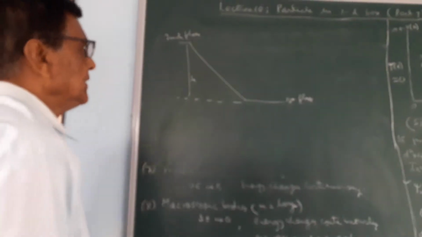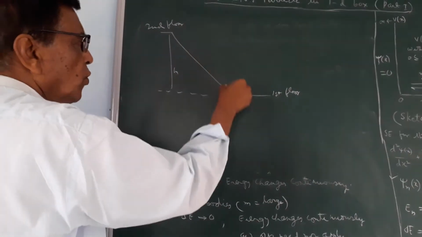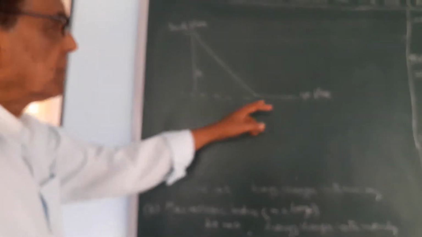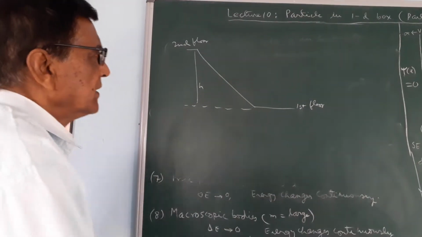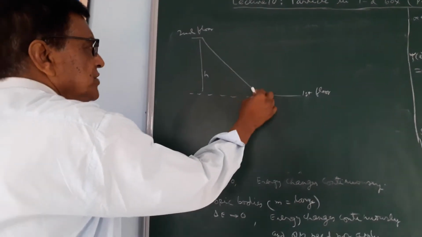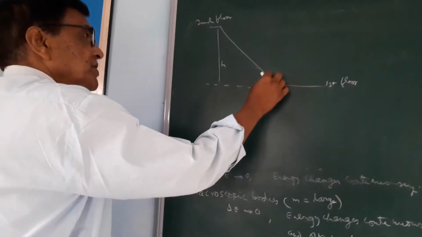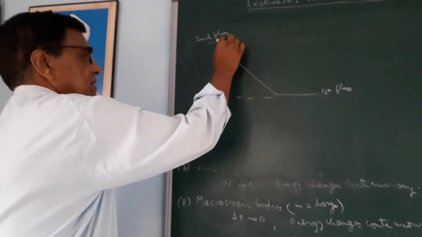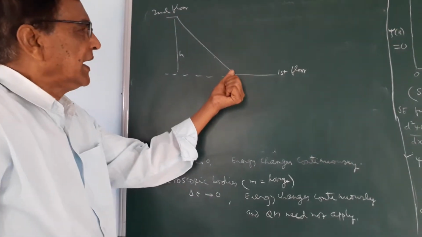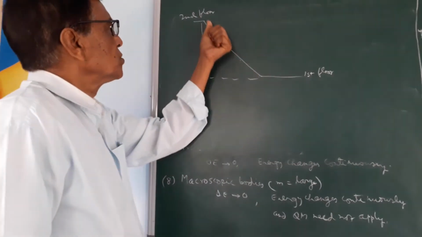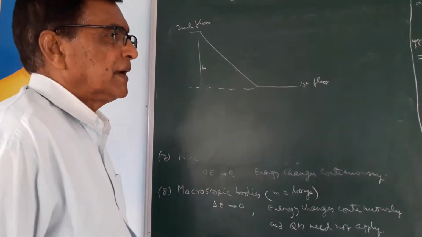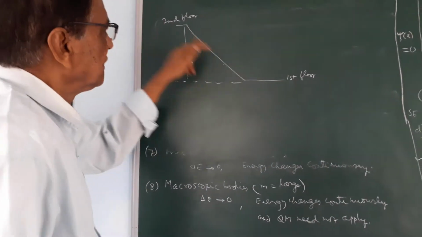If we keep a slope to go from the first floor to the second floor, then the height is changing continuously. That means you can keep your foot anywhere within this slope, and the height is changing continuously.